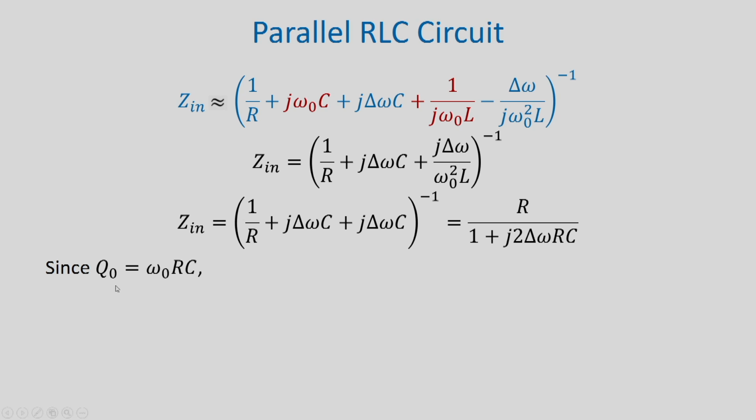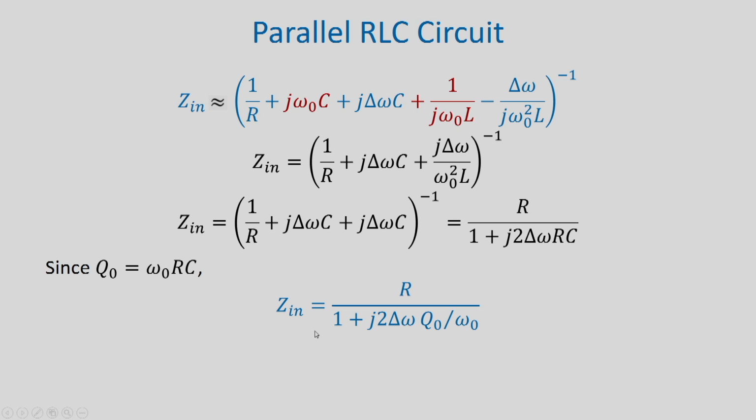Since we have Q naught equal to omega naught RC, therefore, we can now write Zin equal to R divided by 1 plus j 2 delta omega Q naught by omega naught.